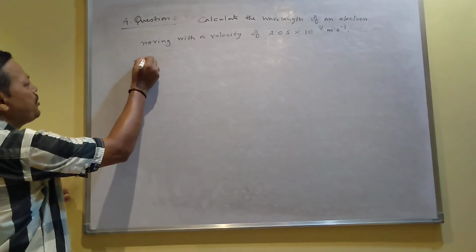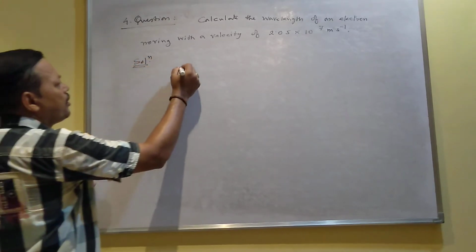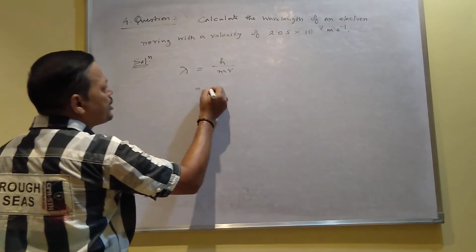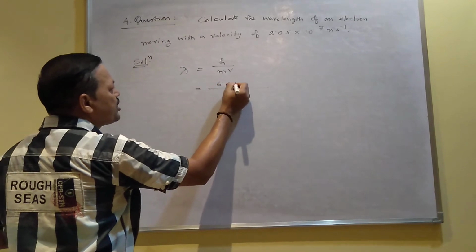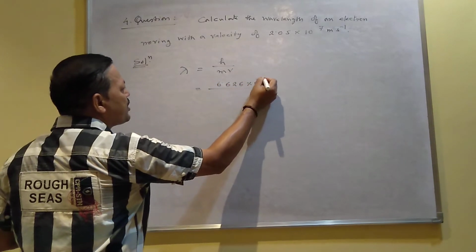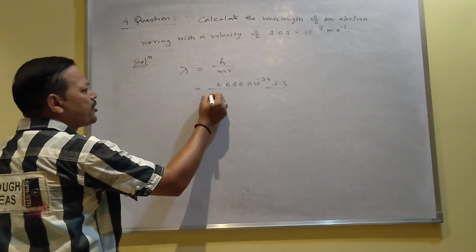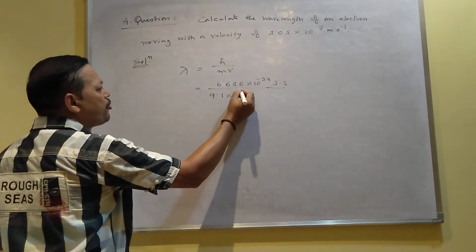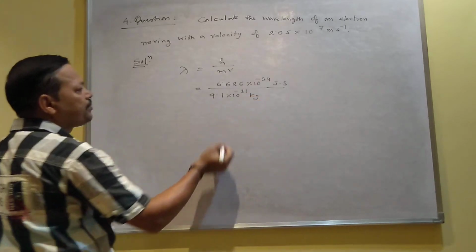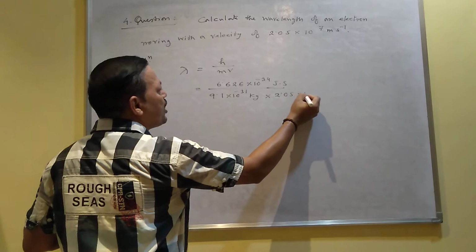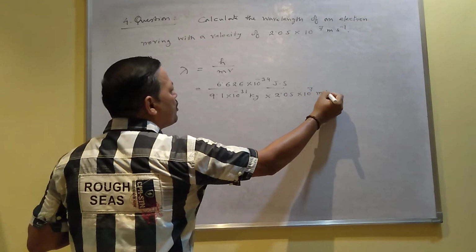So here also you can use the de Broglie equation. As you know, lambda is equal to h by mv. The h value is a constant, 6.626 into 10 to the power minus 34 joule second. The mass of the electron is constant, 9.1 into 10 to the power minus 31 kg. And the velocity of the electron is given as 2.05 into 10 to the power 7 meter per second.